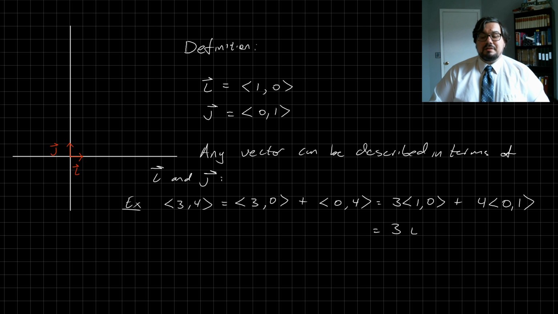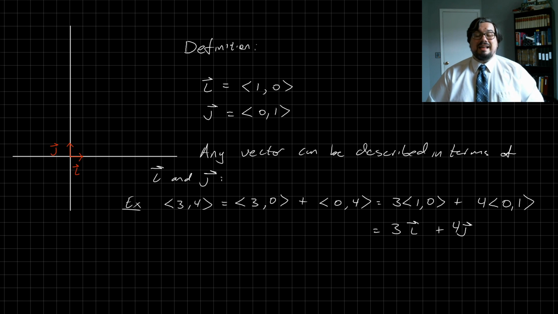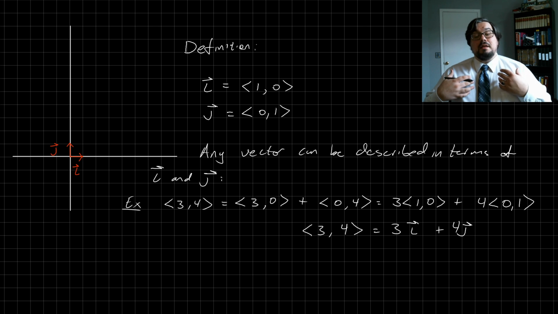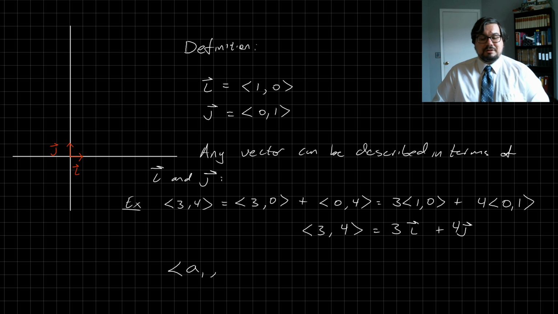But that's exactly the vectors I and j. So instead of writing the vector 3, 4, we could write the vector 3i plus 4j. Now, there's nothing special about 3 and 4 here, and indeed, if we take any vector a1, a2, this can be written as a1i plus a2j.